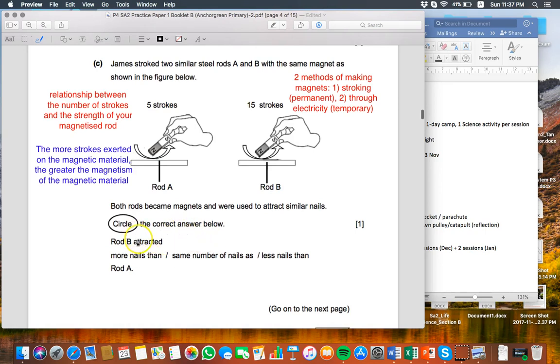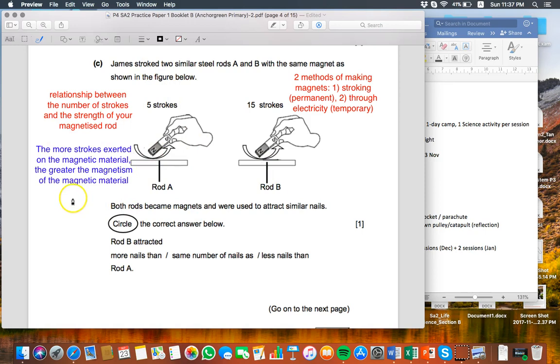Okay, so you are supposed to circle the correct answers below. Rod B attracted more nails than, or the same number of nails as, or less nails than rod A. So let's compare. Rod B has 15 strokes. Rod A has 5 strokes.